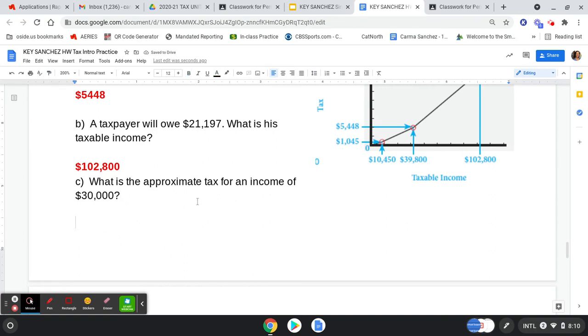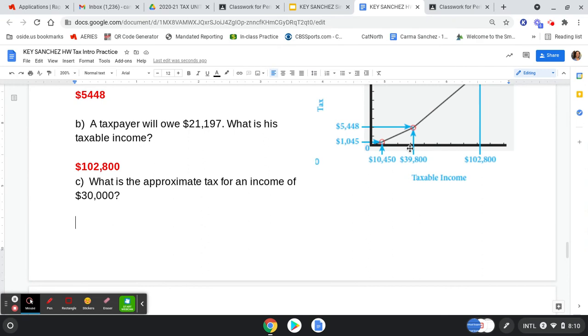Practice. What is the approximate tax for an income of $30,000? So if we've got this 39 mark, let's go down to the bottom and see what do these lines actually mean. So 10, 20, 30, 40, 50, 60, 70, 80. They're not 10,000 each. They're looking like they're about maybe 15. Let's try it. 15, 30, 45, no, 12, 24, 36.